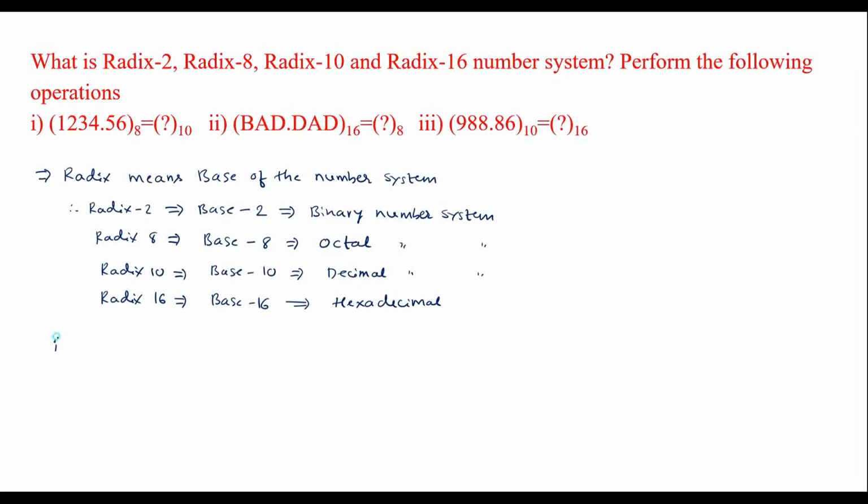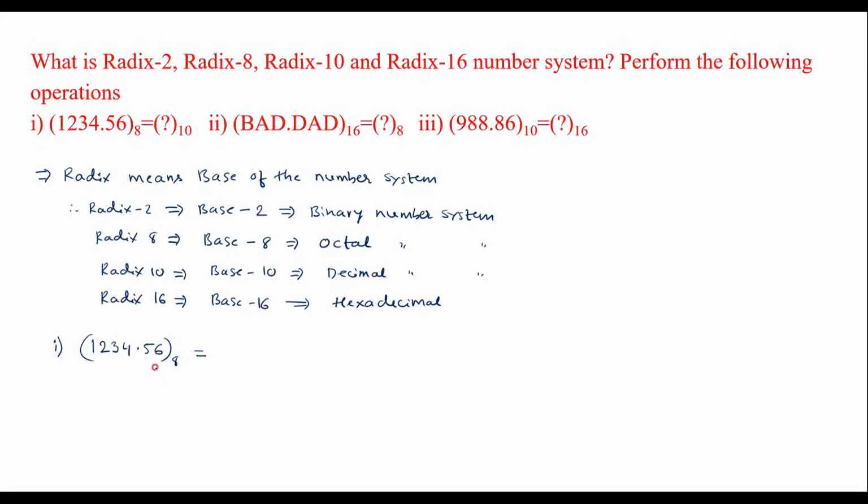Operations. The first one is we are supposed to convert octal number system into decimal. The given octal number is 1234.56, which is in octal, which is equal to.